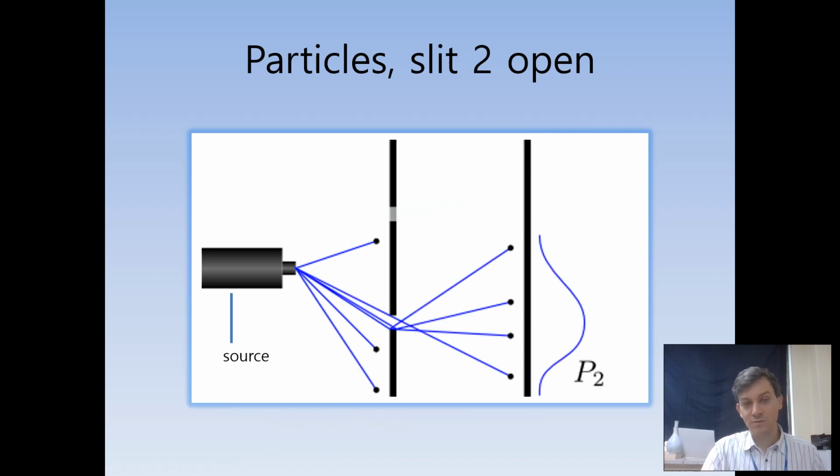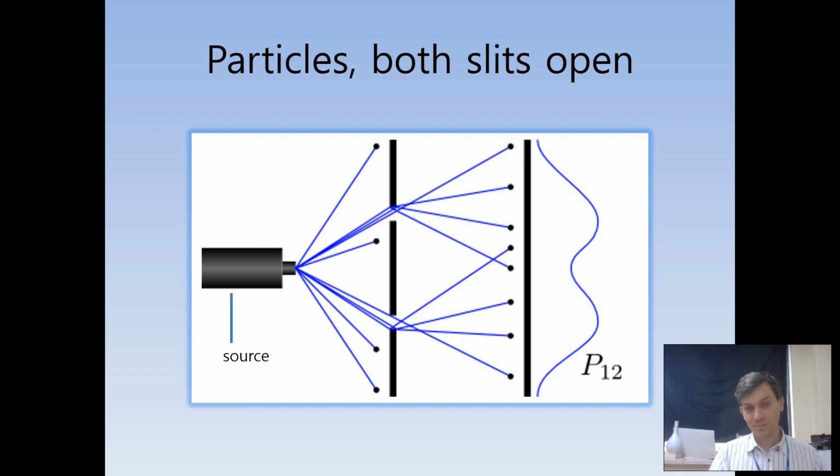Right, now if you do the same experiment with the second slit open, then you get exactly the same picture, just a mirror image. Okay, and now if you do the same experiment with both slits open, then you just add the two images together, right? So for each particle, the particle either goes through slit 1, which will give you the first probability distribution, or it goes through slit 2, which will give you the second, and if both slits are open, you just add them together.